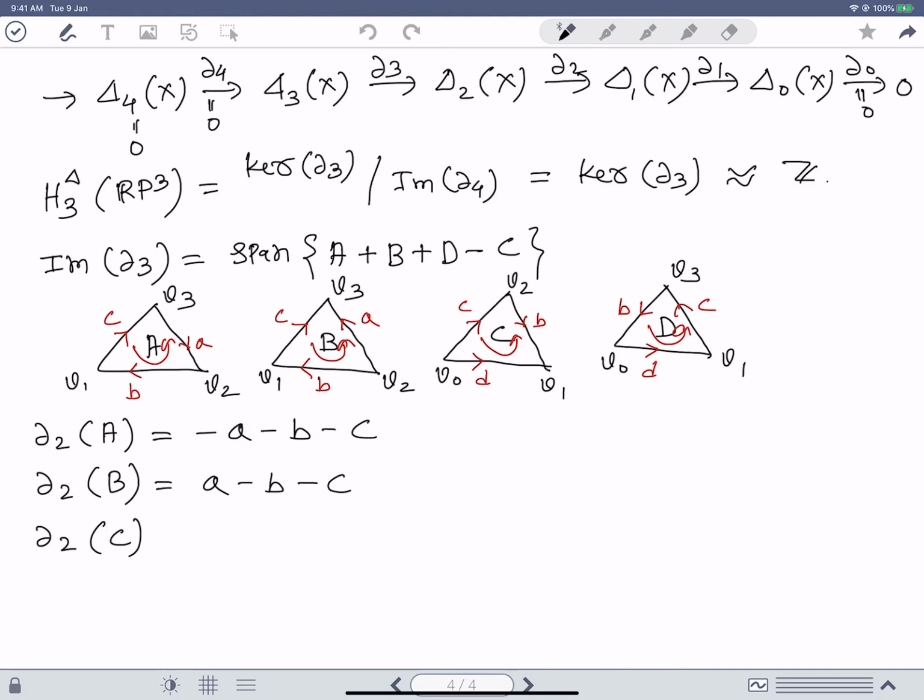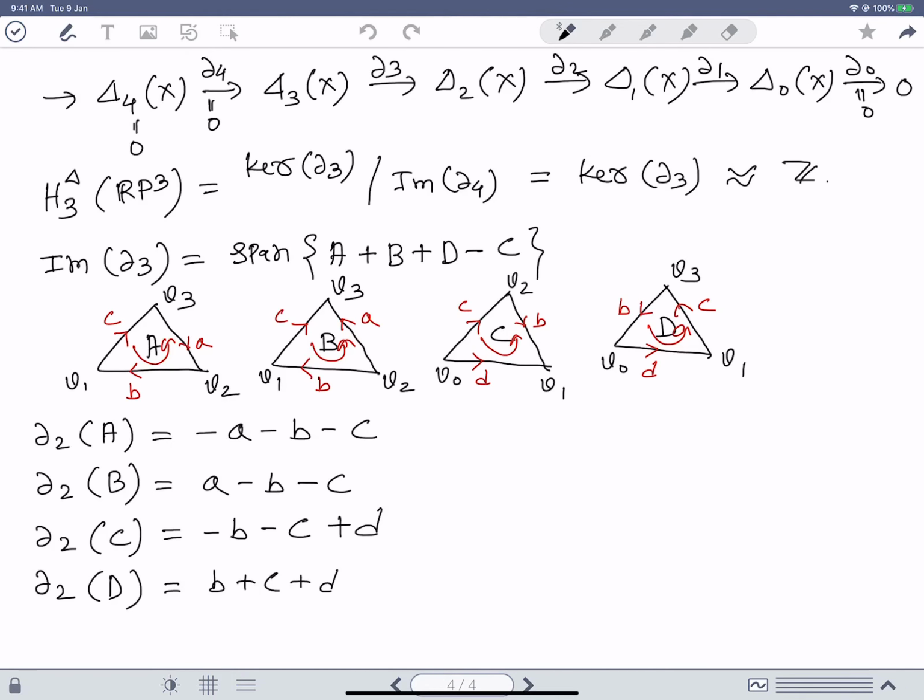So we have minus B, similarly minus C plus D, and delta 2 of D will be again B plus C plus D.